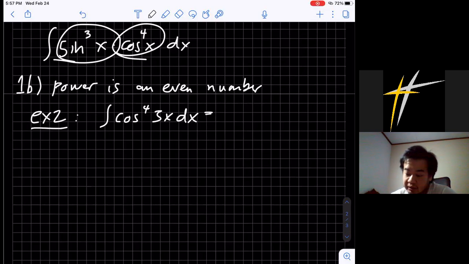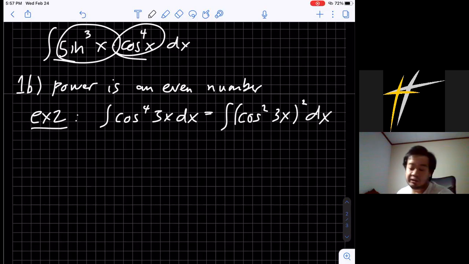By keeping the inside function as the square. Because it's power of 4, then of course it's cos square, squared, dx. If it's power of 6, then it's cos square dx power of 3. If it is power of 10, then it's cos square to the fifth. So the inside function is always the square one.